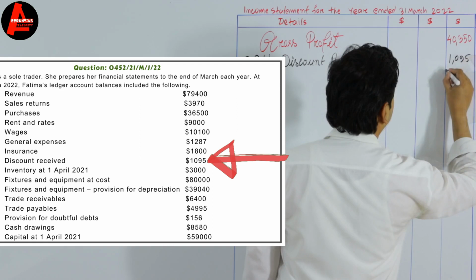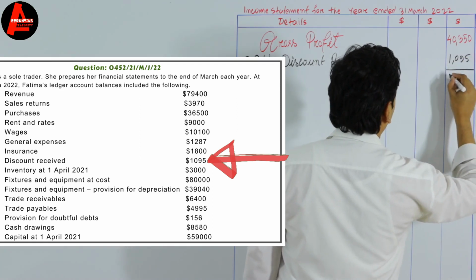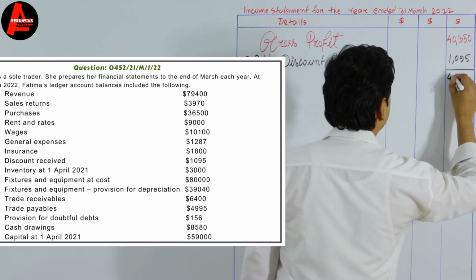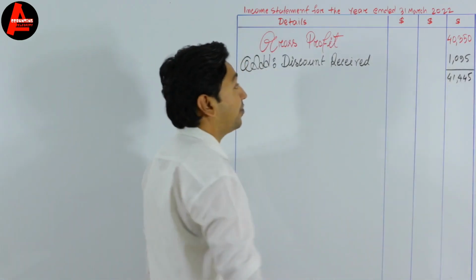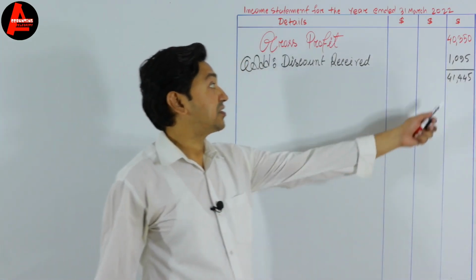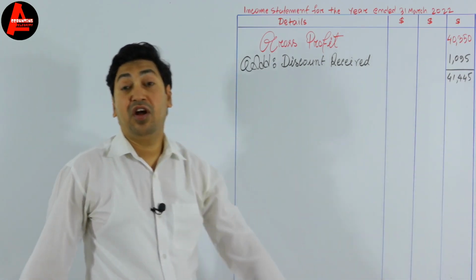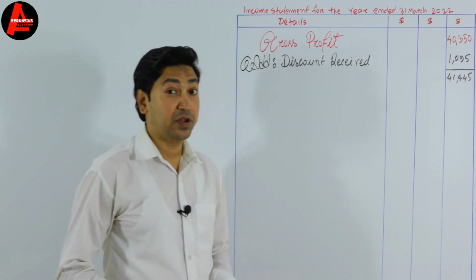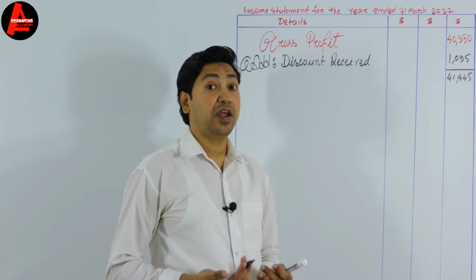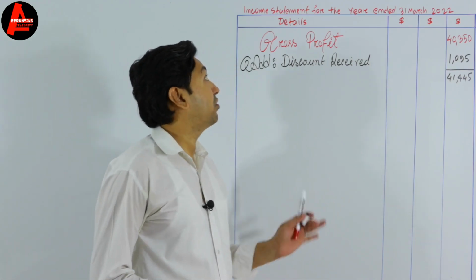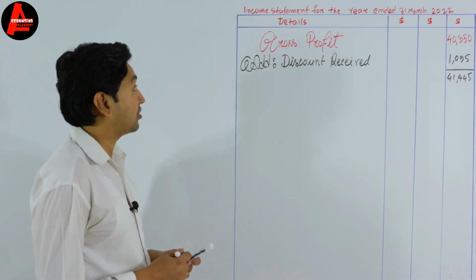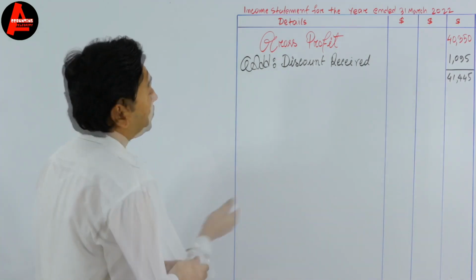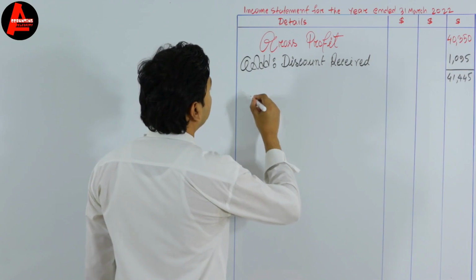So now if we add these two amounts, we get $41,445. Okay. Now from this amount, we will subtract all the expenses. First of all, we need to know what are our expenses to be included in the profit and loss account section. Okay. So let us write here minus or less expenses.